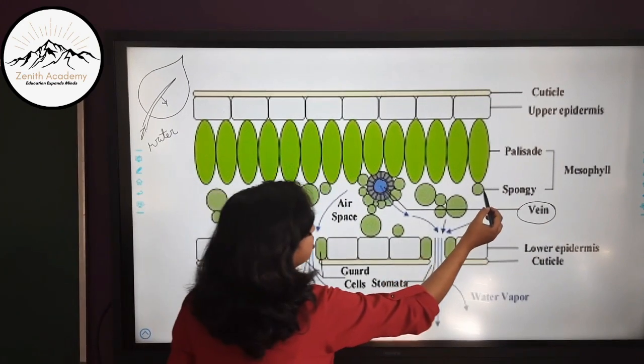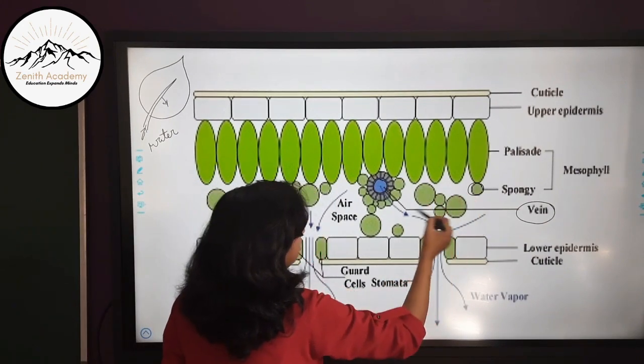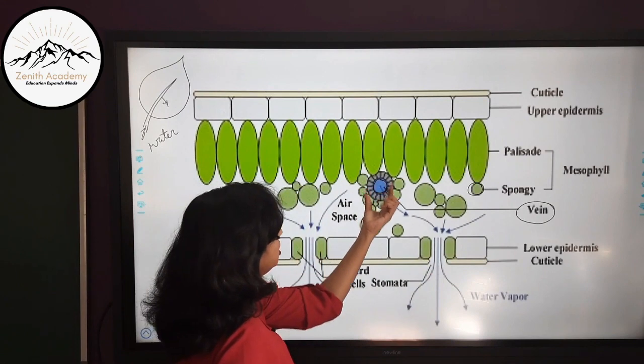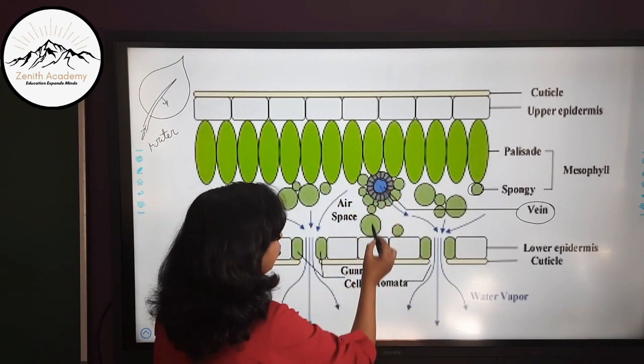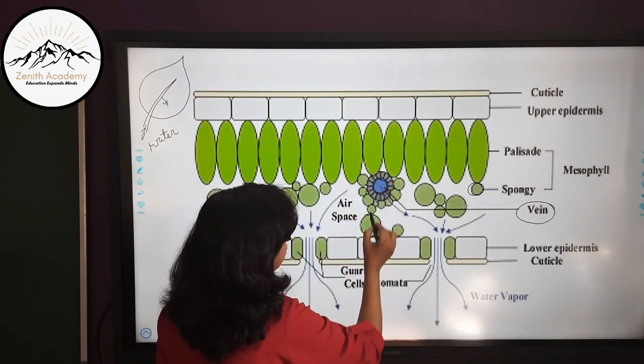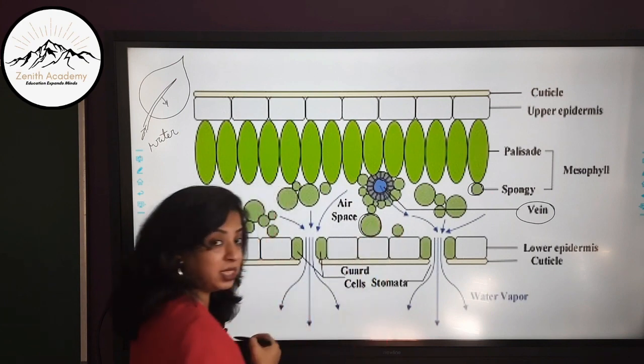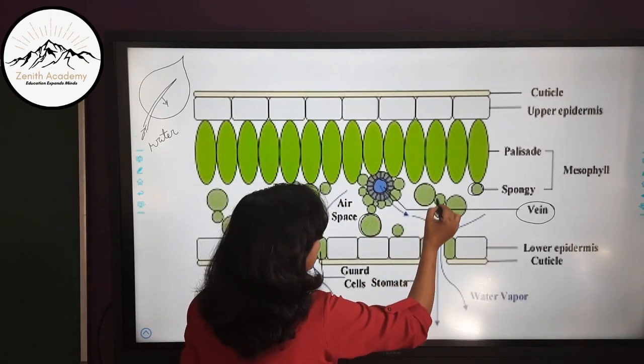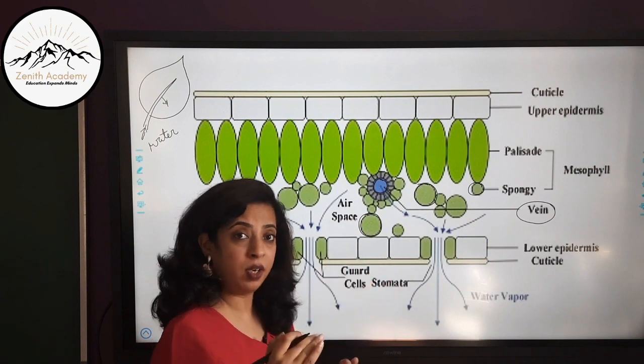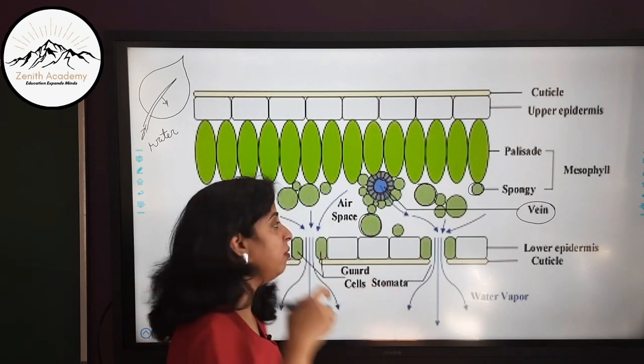Now, these are spongy mesophyll cells around the vein. These spongy mesophyll cells absorb this water which is coming from the vein, and they give out water in the form of a thin film around them.